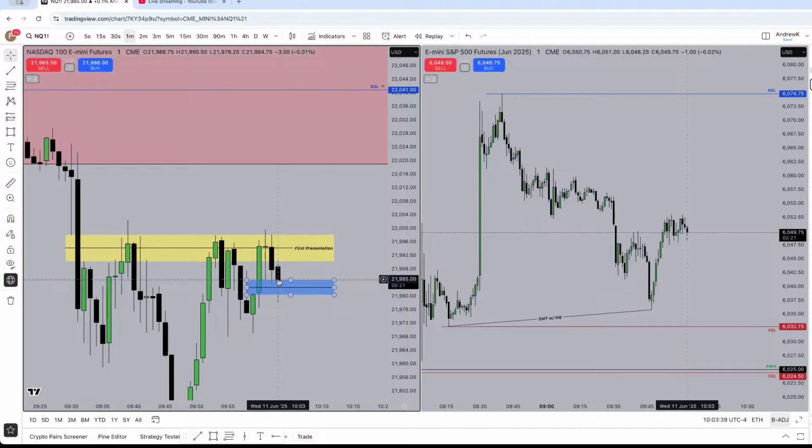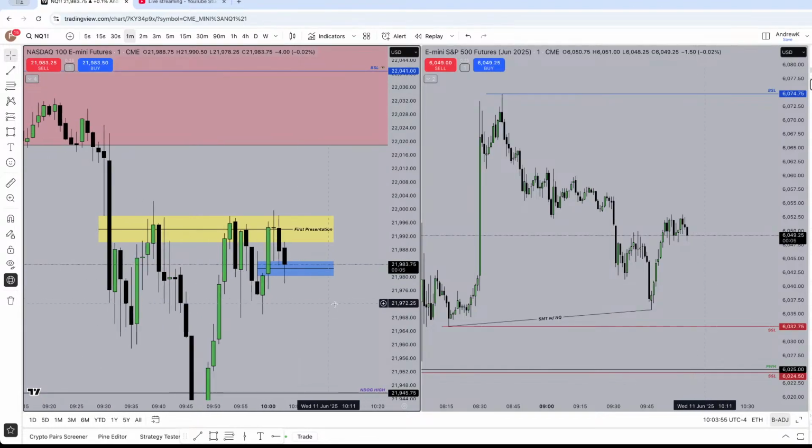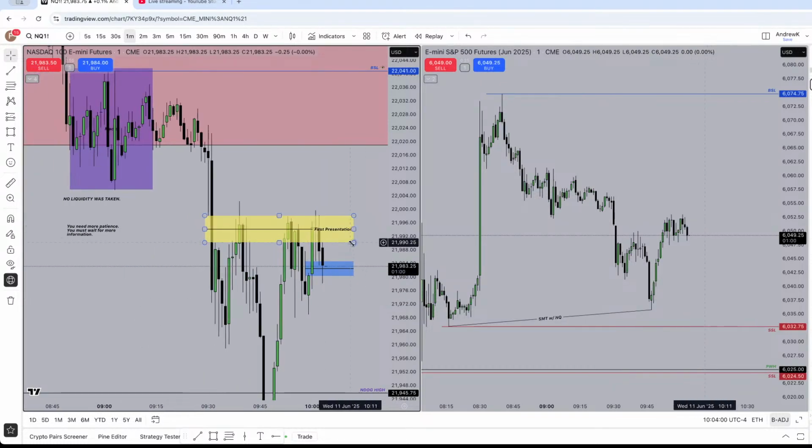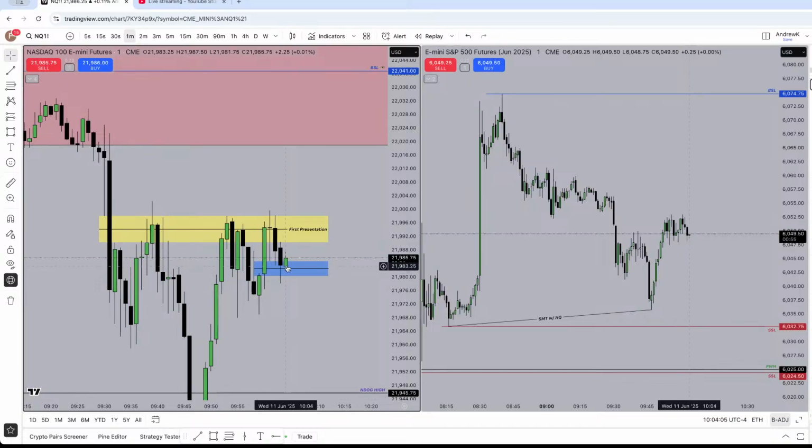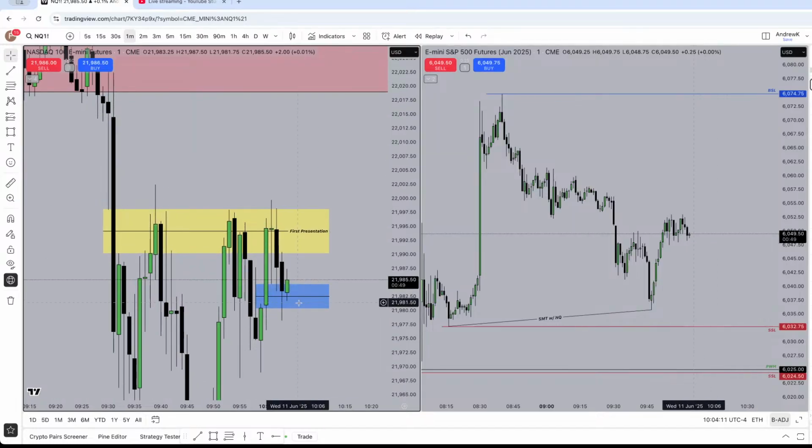See if that body closes back above this. Need that to stay intact.